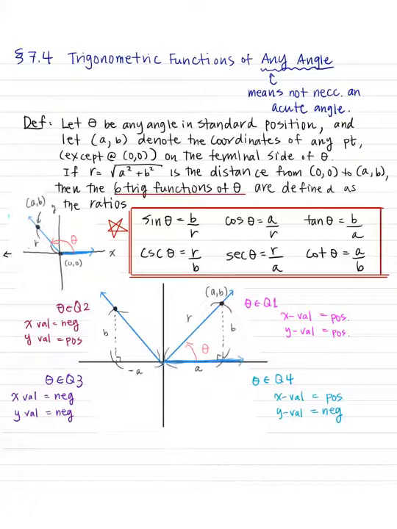Again, your r is always going to be positive. So this point is denoted by x equals negative a and y equals b, and the angle theta which lies in quadrant 2 can be denoted as (negative a, b).